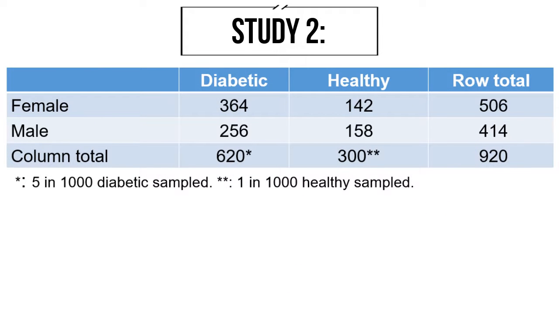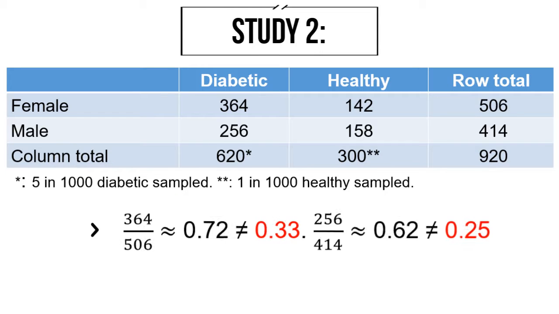The table shows the numbers of another study which randomly samples 5 out of 1,000 diabetic patients and 1 out of 1,000 healthy persons. The situation is similar to study 1 but flipped. If we try to estimate the risk, we get, for females, 364 divided by 506, and that equals 0.72.